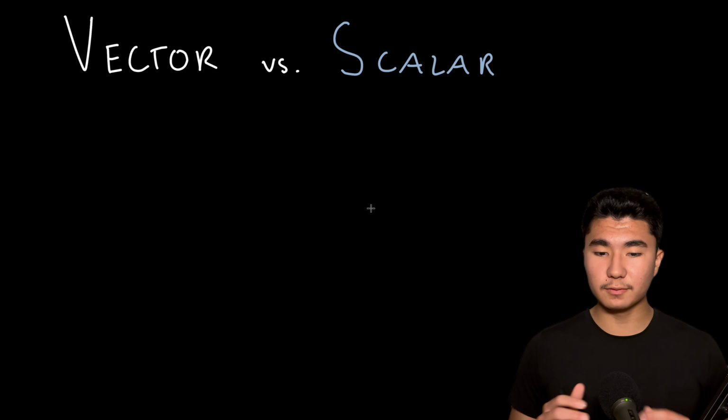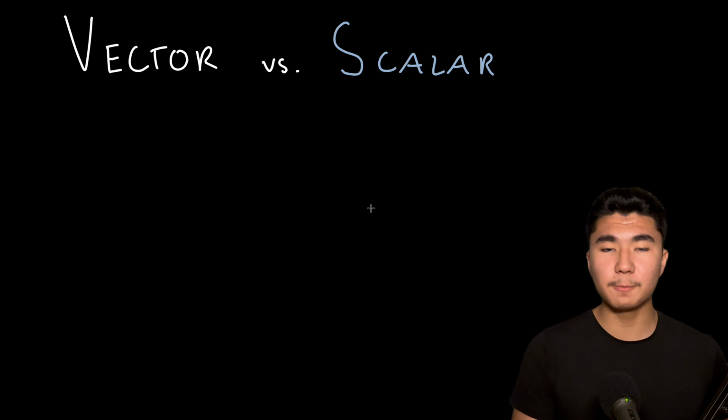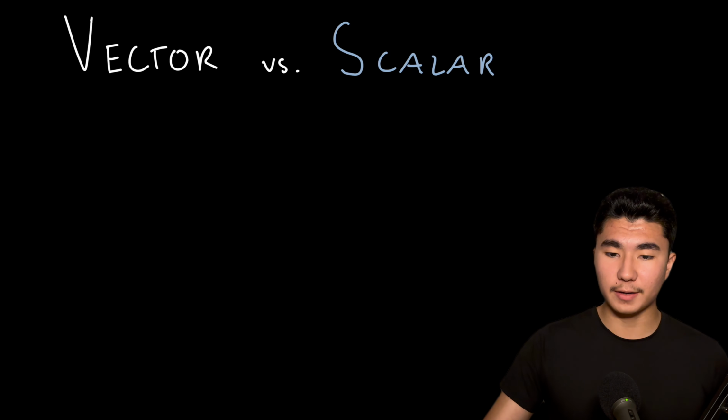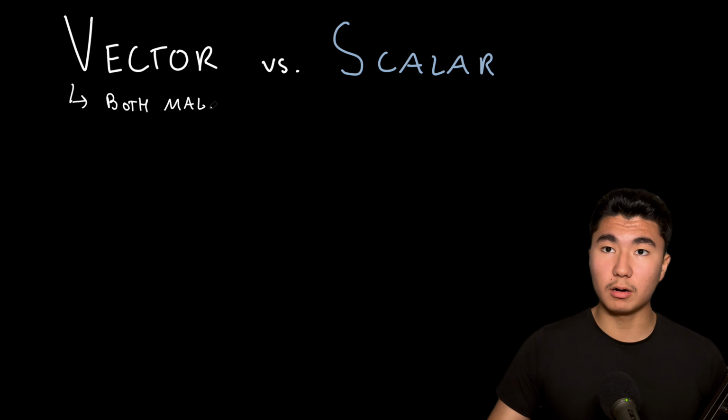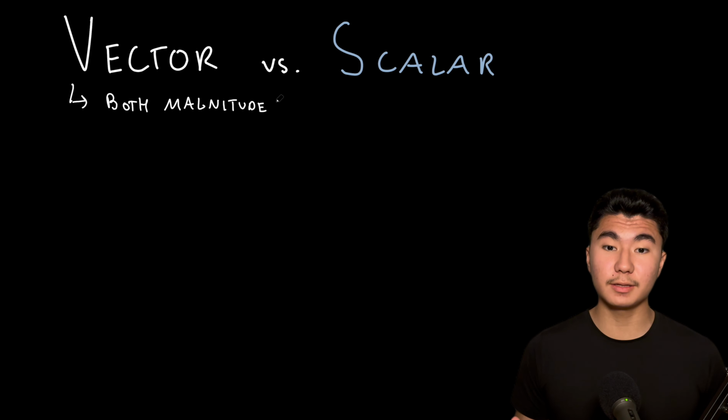So first off, let's find the difference between a vector and a scalar. Now, a vector is going to have two characteristics that make it very special. They're going to have both magnitude, so this is our numbers. Magnitude is basically how much of it there is.